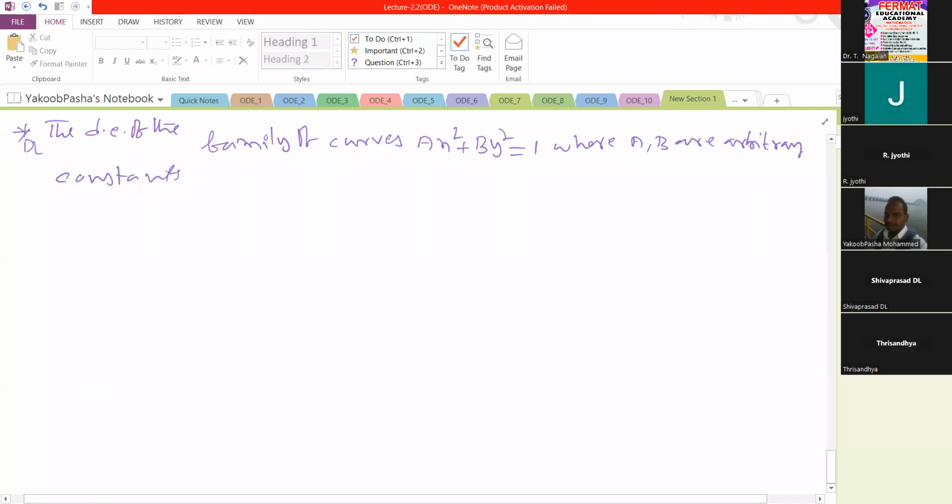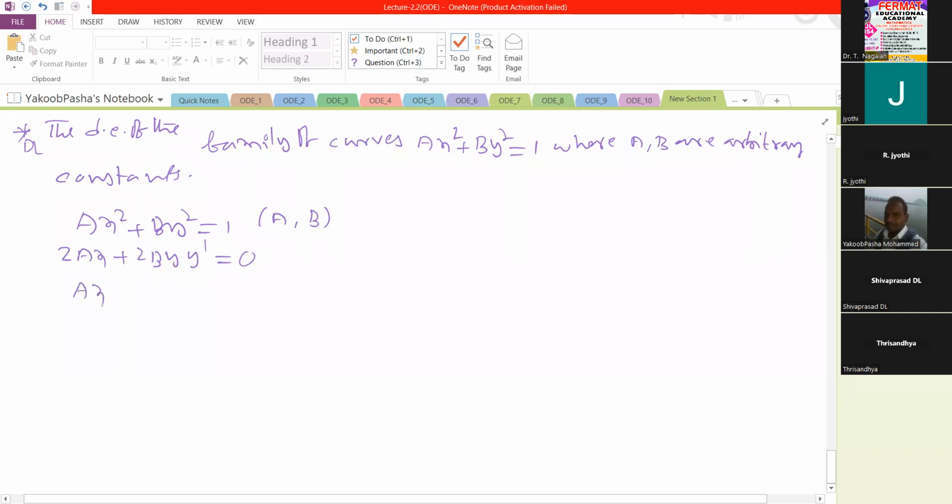So here we have two arbitrary constants. So first of all, I am taking the given relation ax square plus by square is equal to 1, where a and b are arbitrary constants. So we need to differentiate this given equation with respect to x two times. First time I am differentiating this with respect to x, we will get 2ax plus 2by into y dash is equal to 0.